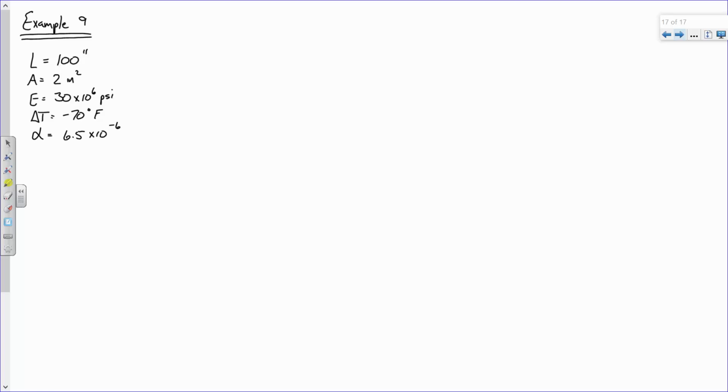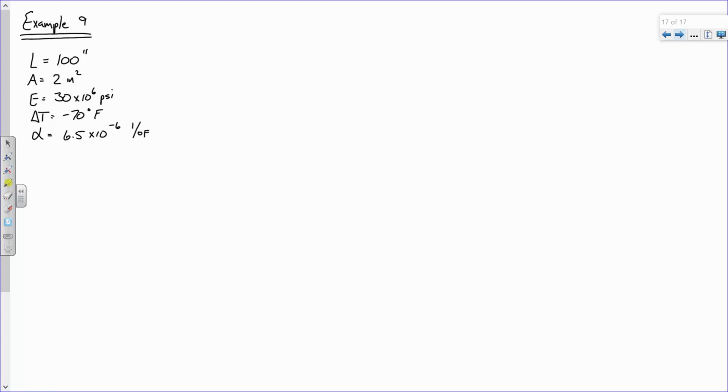The units for alpha are always like 1 per degree Fahrenheit, because alpha will tell you how much strain you have per degree Fahrenheit. So if I multiply it by a change in temperature of 70 degrees, that'll tell me how much strain I have. And what are the units for strain? There are no units for strain. It's unitless. So just something to keep in mind.